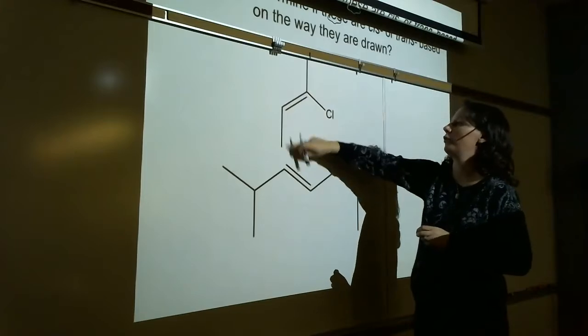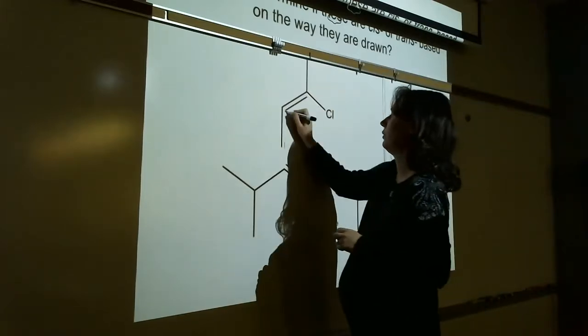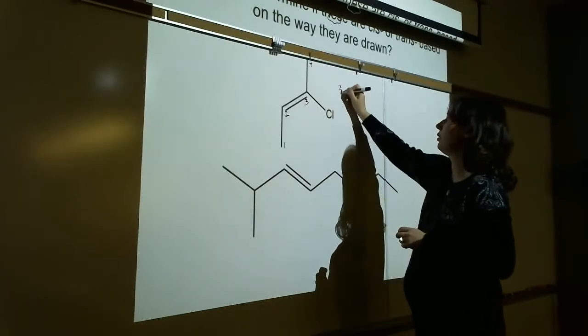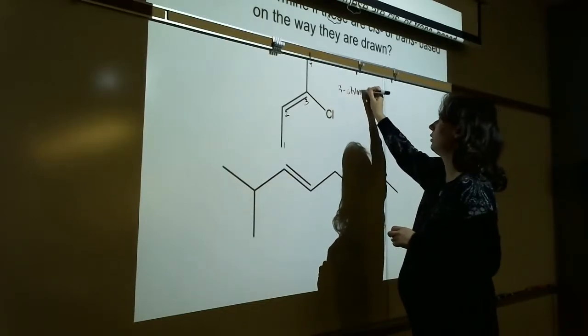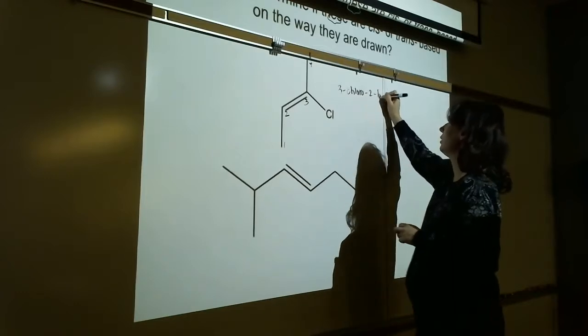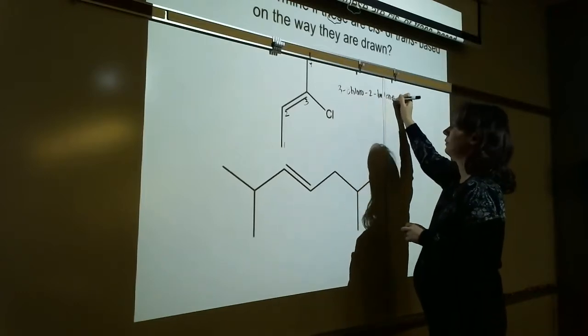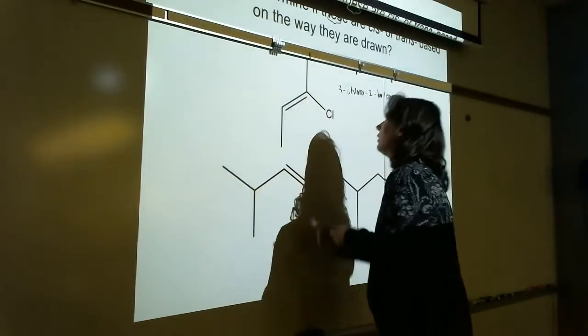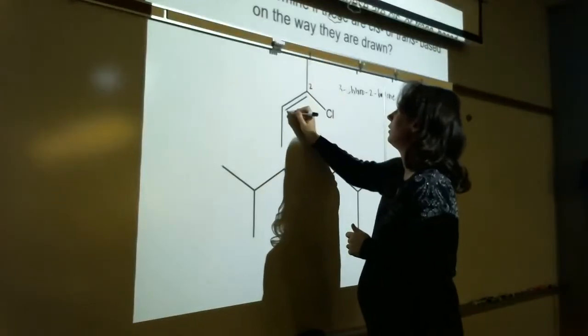Right? If I number from here, let's just look at what you would get. That would be 3-chloro-2-butene, right? But if I number from the top, what's that going to give me?